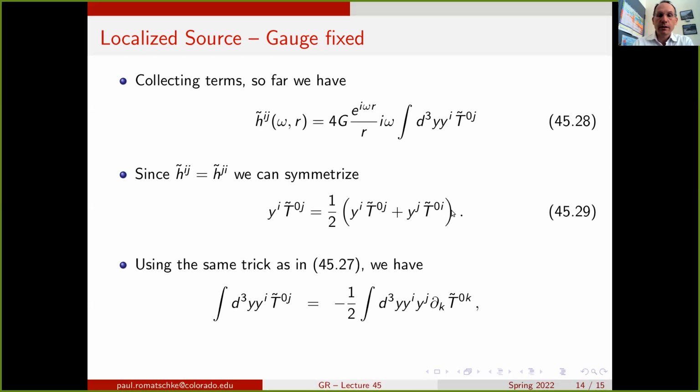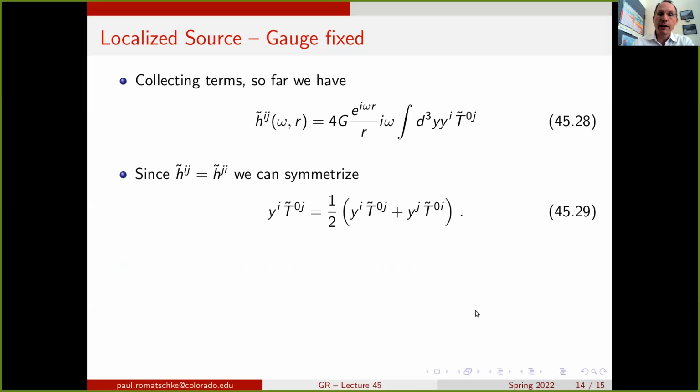And if we do that, then we can use the same trick as we've done in writing the integral over tij again. So we can write this integral as a chain rule that involves a total derivative. And we can use the fact that the total derivative gives just a surface term to rewrite this combination as an integral over yi yj times the divergence of the 0k component of the energy momentum tensor.